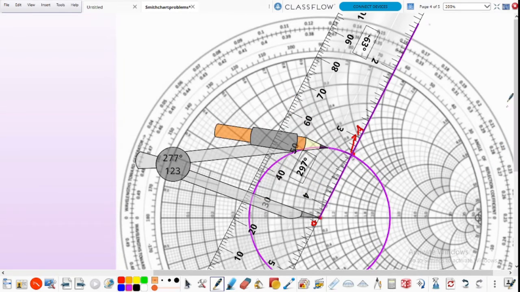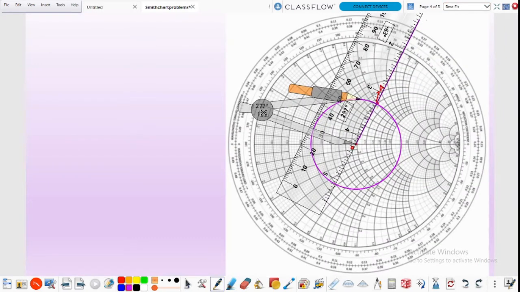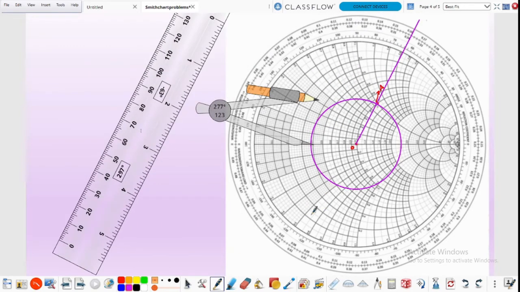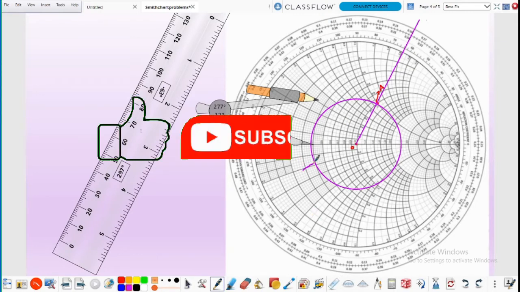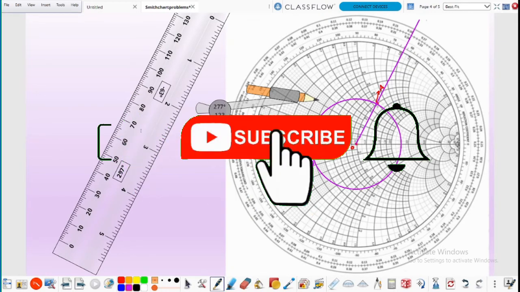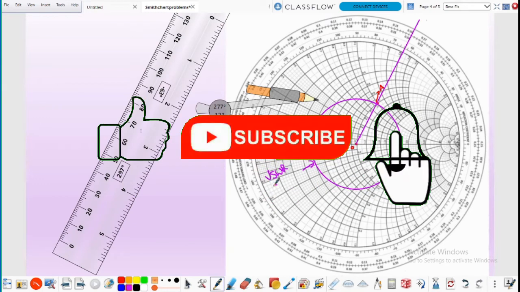This circle is called the VSWR circle, the voltage standing wave ratio circle.